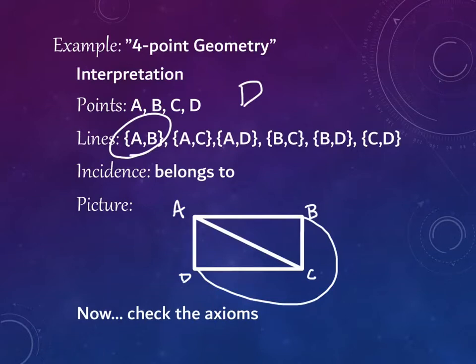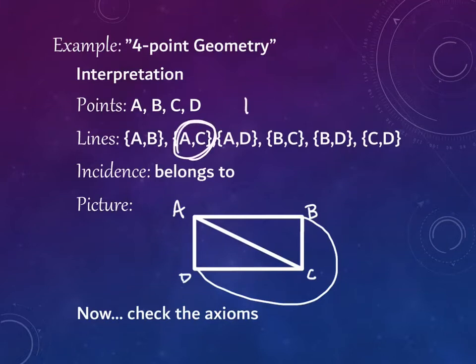Which, if any, of those lines goes through D and not through A and B? CD, and it's the only one, right? This line, CD, would be parallel to AB through point D. And it's the only one that's possible. Let's pick another one. Somebody pick another line for me. AC. Okay, we've got line AC, and pick a point that's not on AC.